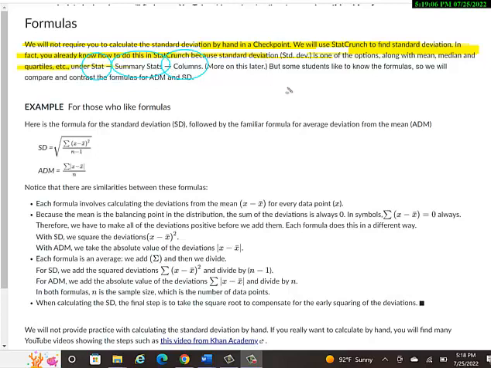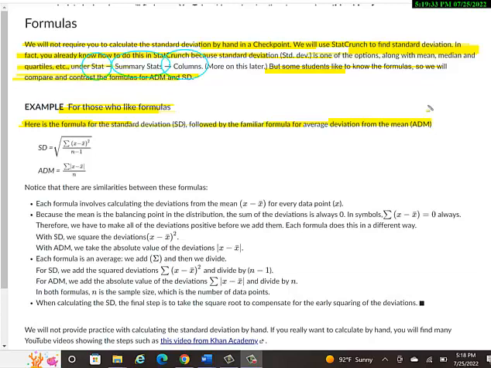We'll see more on this later, but some students like to know the formulas, so we'll compare and contrast the formulas for average deviation from the mean and standard deviation. Here, for those who like formulas. Those weirdos. No, I'm just kidding. Some people do like formulas, and that's probably a good thing. Here is the formula for the standard deviation, followed by the familiar formula for average deviation from the mean.